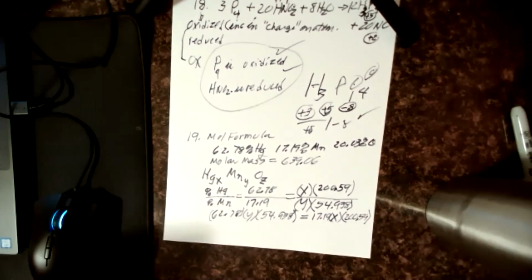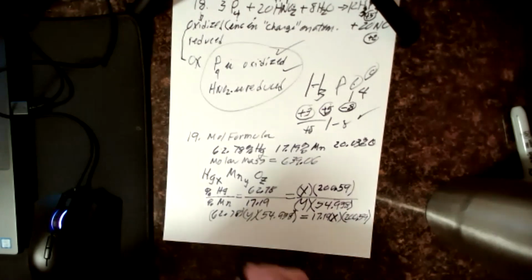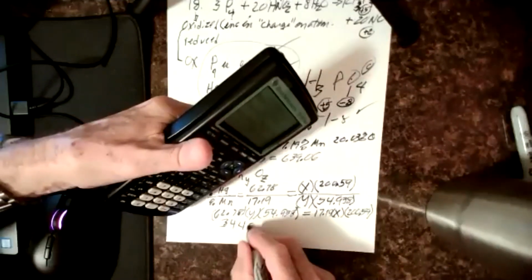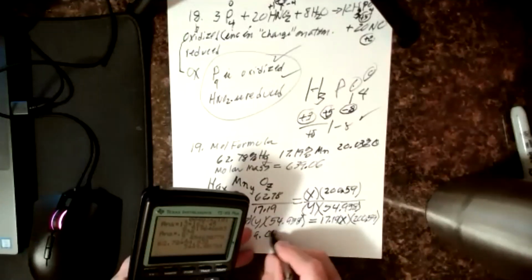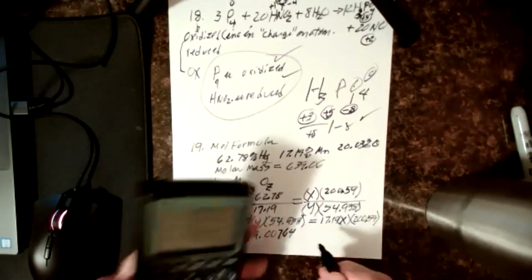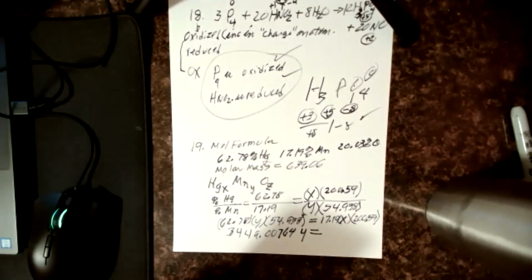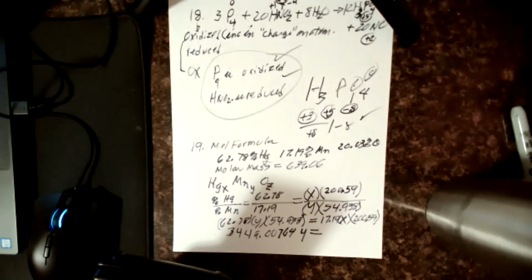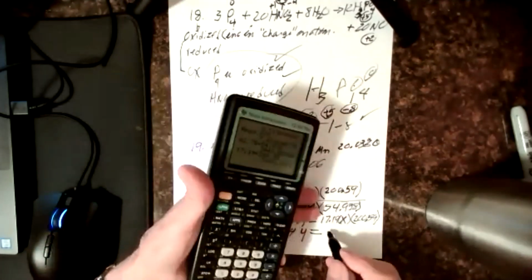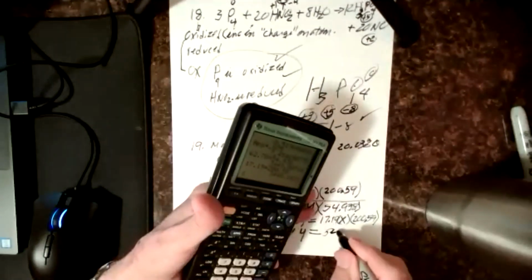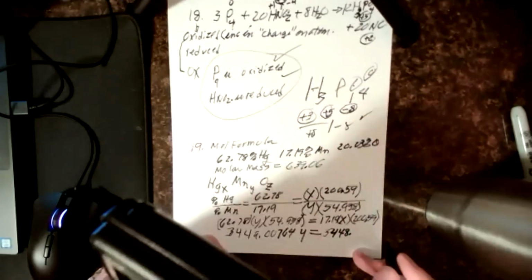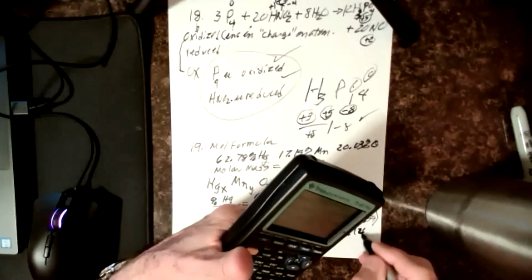All right, now let's do our math. 62.78 times 54.938 is 3449.00764, and it's Y. Equals this times X: 17.19 times 200.59 is 3448.121421.